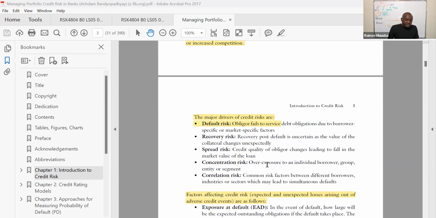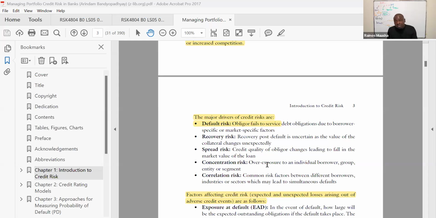Because remember, as an investor, you have an option to invest in a risky asset or to invest in a risk-free asset. A typical risk-free asset is where you're going to be investing in treasury bills. For example, if the government issues treasury bills, which is T-bills, usually they mature after 90 or 91 days. We know that there are different ways that the government can utilize to recover their money.